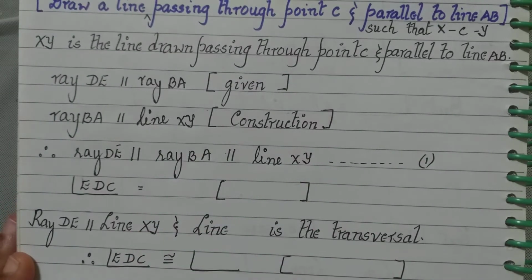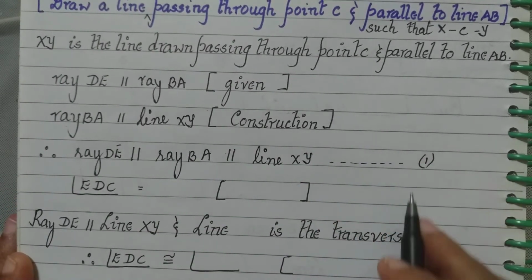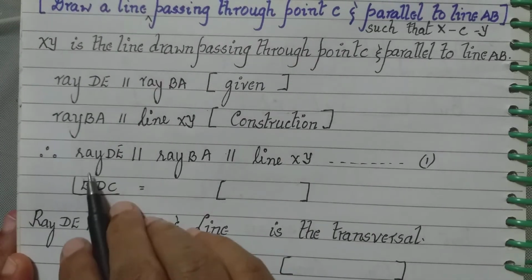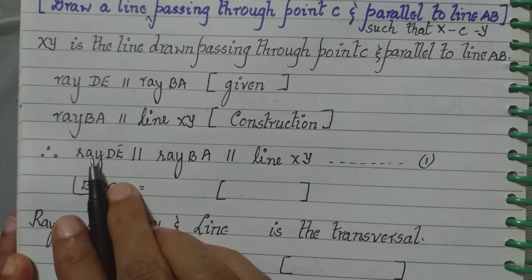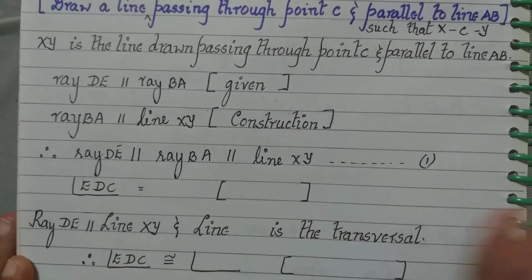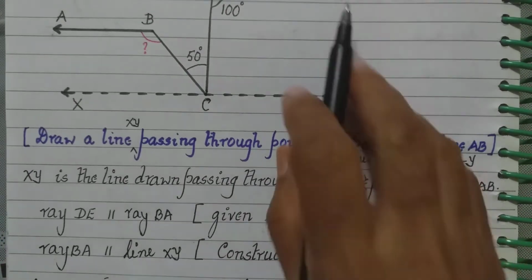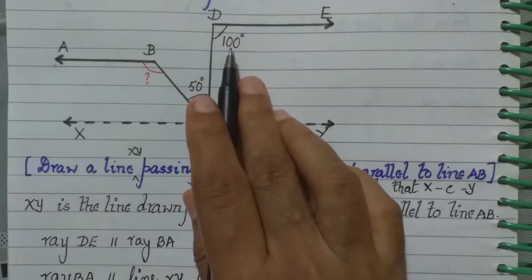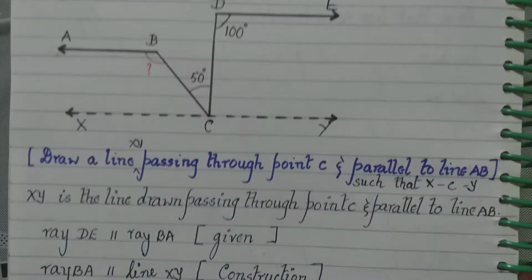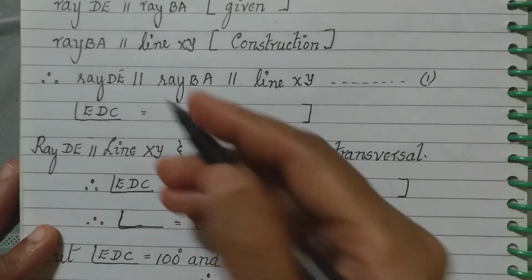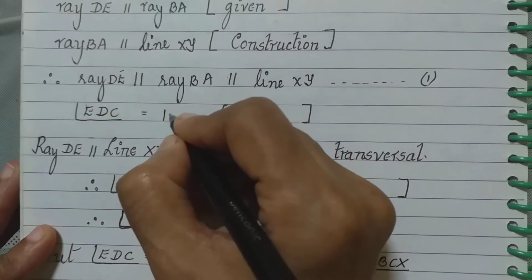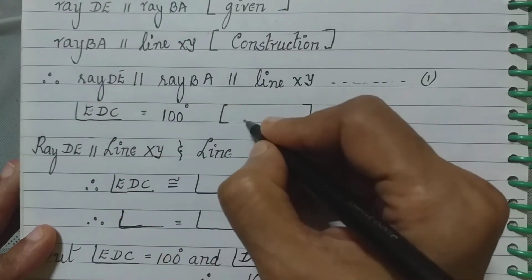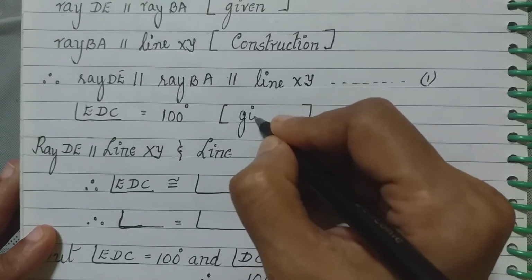Okay, so we have got the first one which we needed. Further, we have angle EDC equal to 100 degrees, look at the figure. That was given to us. So we write here angle EDC equal to 100 degrees, that is given to us.